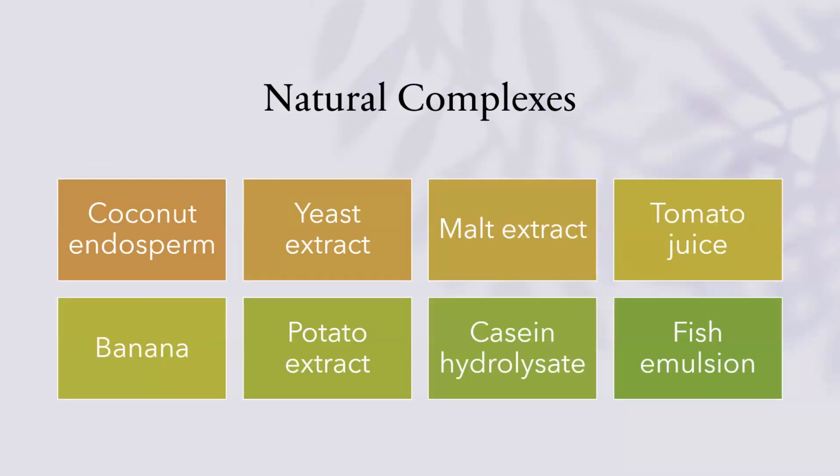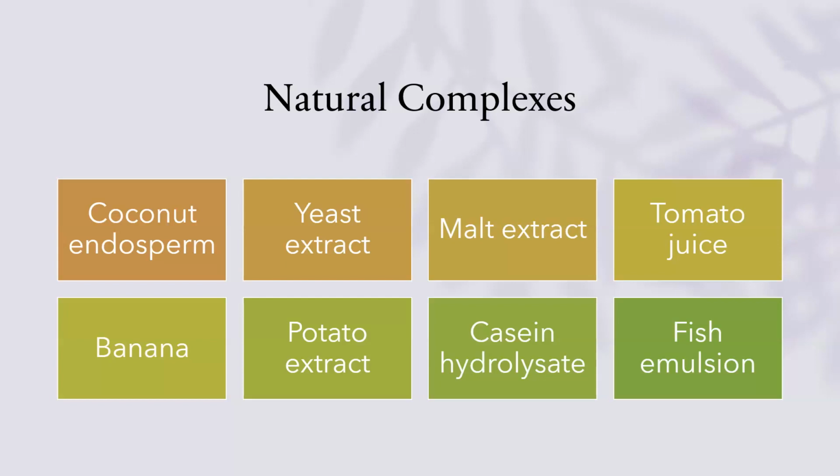A natural complex can be used when a defined medium fails to support a particular growth response, and many additions serve various purposes. Natural complexes added to the medium generally make the medium undefined, since variations in growth-promoting or inhibitory compounds in these complexes are to be expected.